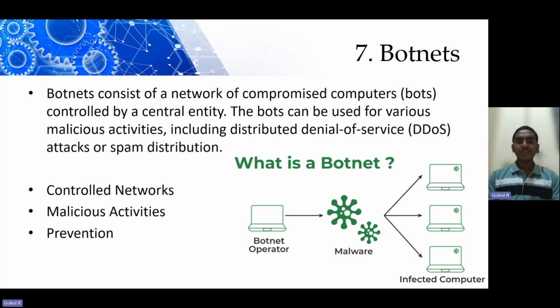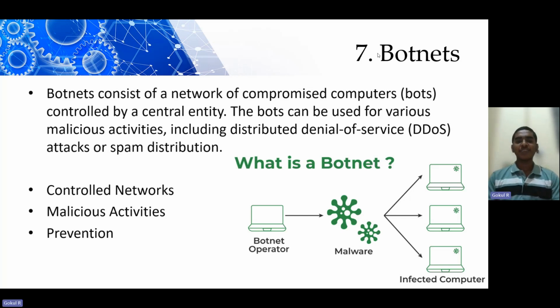Next one is botnets. What are botnets? Botnets consist of a network of compromised computers, that is bots, controlled by a central entity. The bots can be used for various malicious activities, including distributed denial of service, DDoS, attacks and spam distribution. What are the botnets doing?